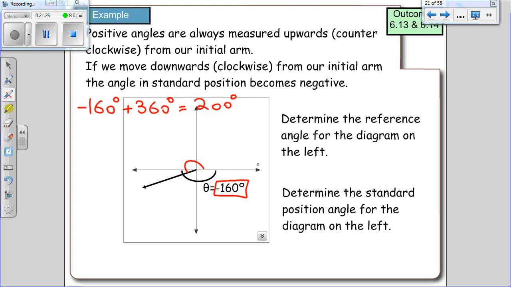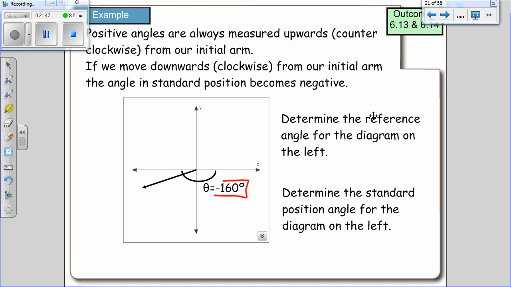Now, we're going to try to find the reference angle of this standard position angle of negative 160. The reference angle is between the terminal arm and the closest x-axis. That guy right there, that's the reference angle.